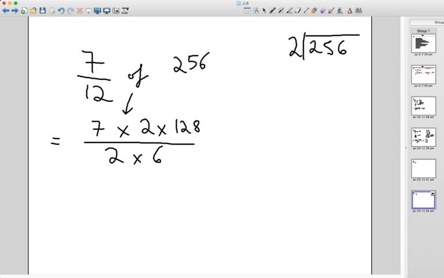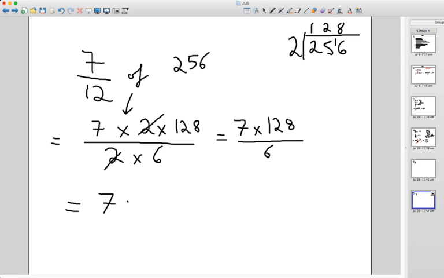2 into 2 goes once, 2 into 5 goes twice, carry 1, 2 into 16, 8 times. 2's will cancel, gives me 7 times 128 over 6. 7 times 2 times 64 over 2 times 3. 2's cancel.